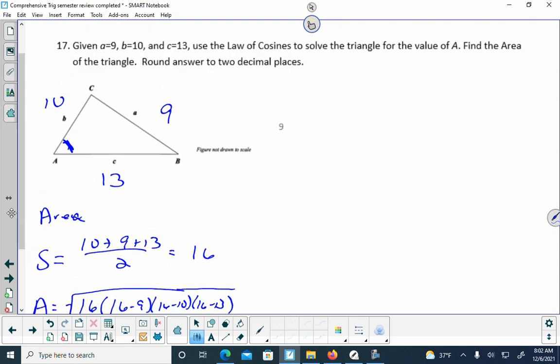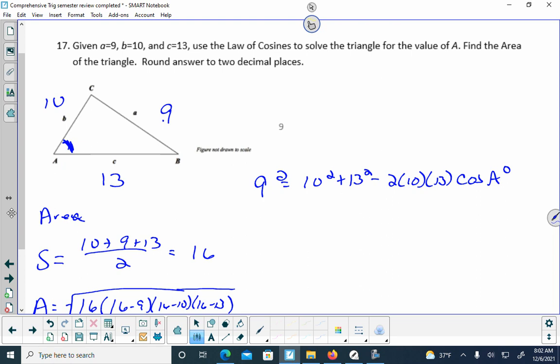Now to find angle A, I'm going to use the law of cosines. I'm going to use this side 9 opposite, so 9 squared is equal to 10 squared plus 13 squared minus 2 times 10 times 13 times the cosine of A degrees. I'm either going to put that in my calculator and solve, or I'm going to solve it.